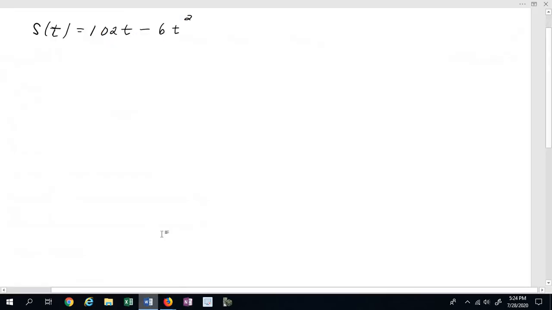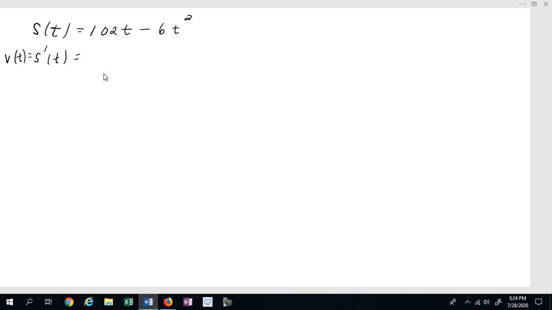Okay, so let's do that first. So here's the position function. If I take the derivative of this position function, that gives me the velocity function. So I'm going to label this as v of t.